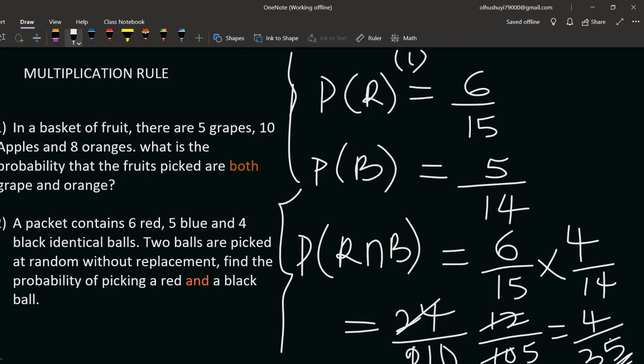The answer is 4 upon 35. So that's the probability of picking a red and a black ball from the information that we have.